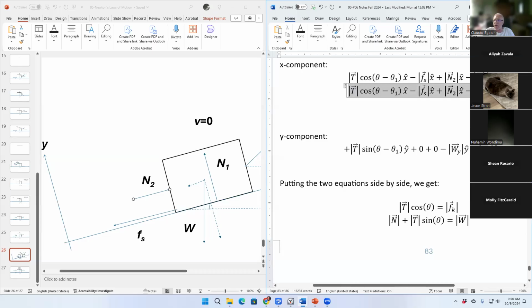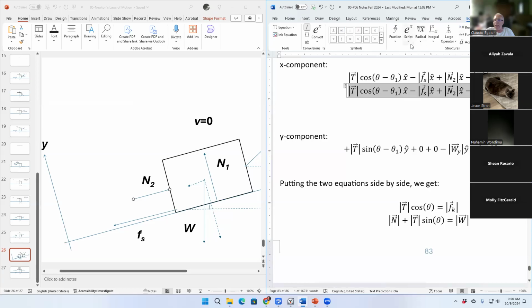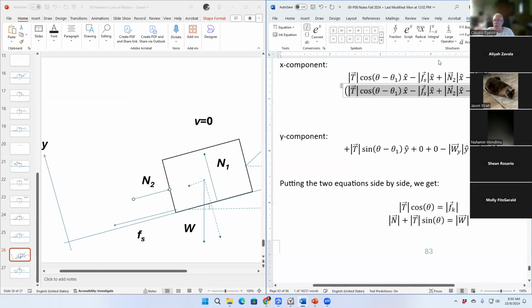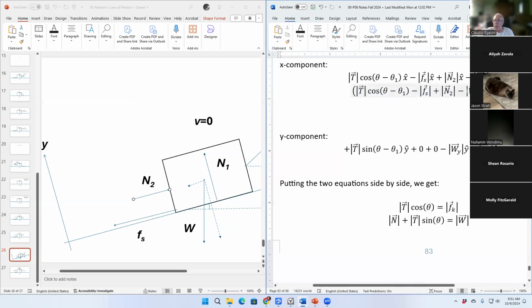Now the x hat can be placed in evidence. When I place the x hat in evidence, all these other x hats disappear from my equation. And we have to worry about this one now, Wx.